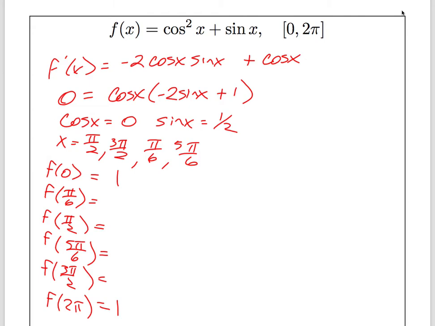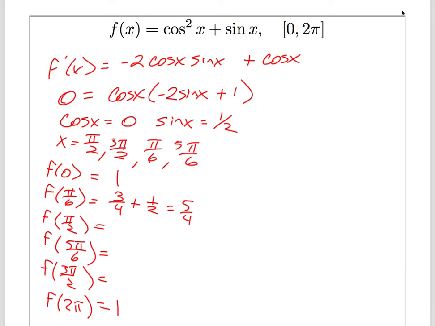Alright, so pi over 6. Plug in pi over 6, cosine of pi over 6. And if I square that, 3 over 4. Sine of pi over 6, 1/2. So that becomes 2/4, so that turns this into 5/4. So since I did that one, I'm going to go down here and do 5 pi over 6.